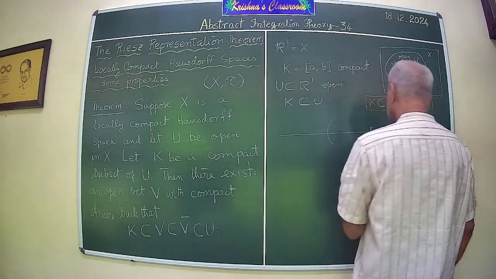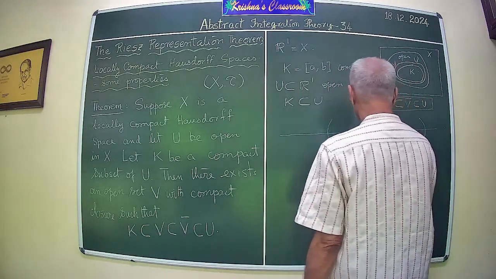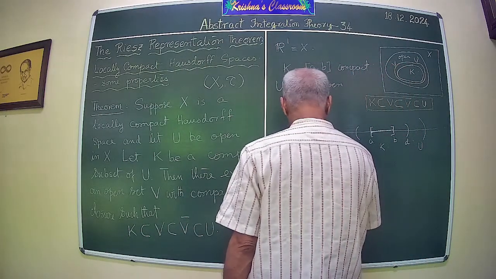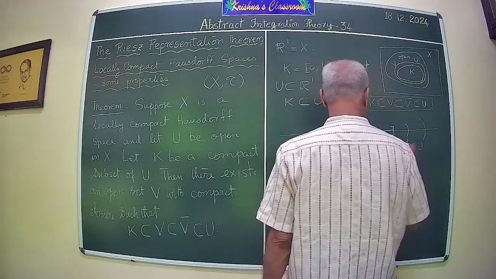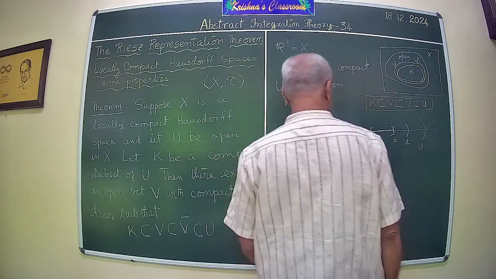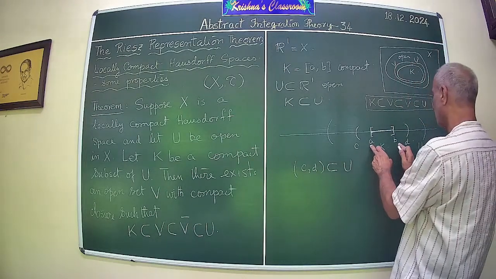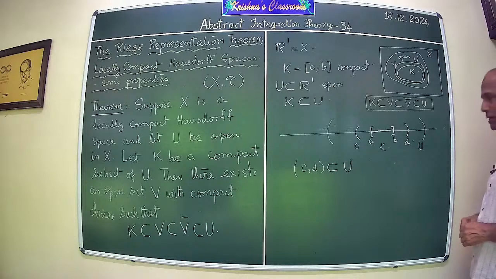Now you see that you can find an open set V, say (C, D), contained in U. The scenario may be quite complicated if AB is not an interval but a compact set.